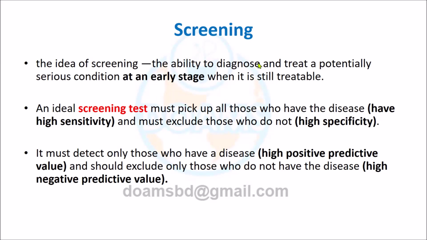Screening means it will exclude the disease. That means if the test is negative, I will say this person does not have the disease. Suppose the blood sugar test is negative, I will tell that this patient does not have diabetes. Likewise for SLE, the screening test will be ANA.